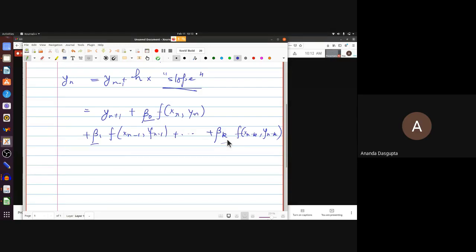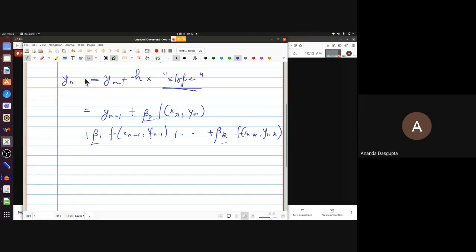And this is the Adams-Moulton. The Adams-Bashforth simply doesn't have this term. In other words, Adams-Bashforth is explicit. Once you have found beta 1 to beta k, Adams-Bashforth just gives you a prescription for calculating yn from the previous values.